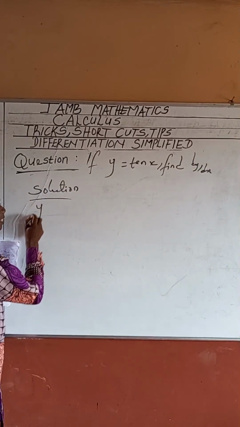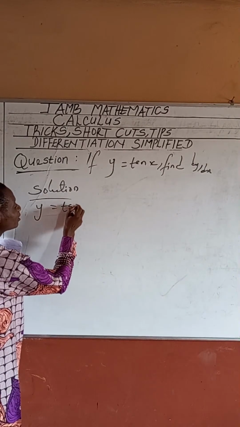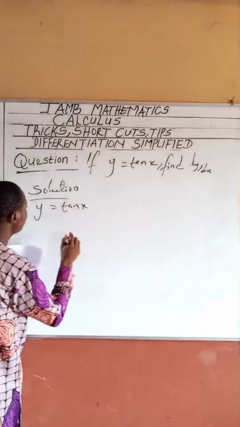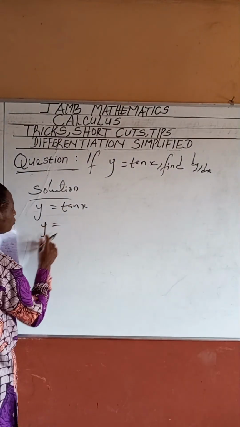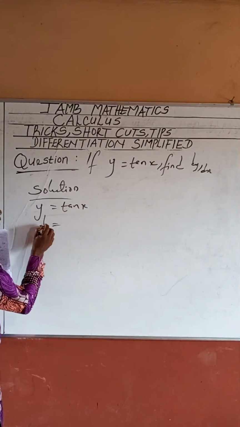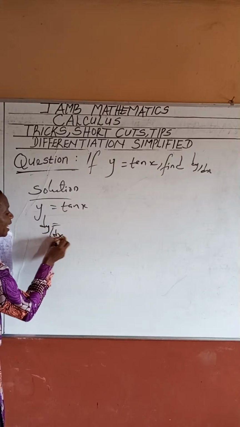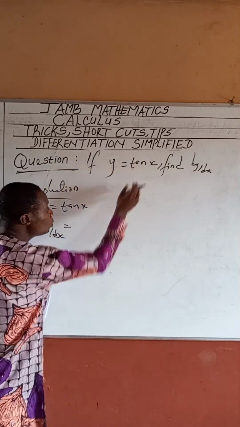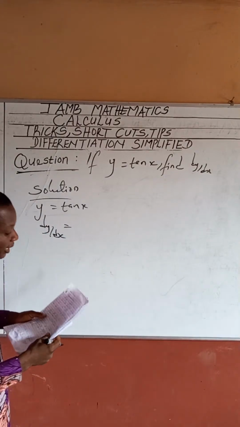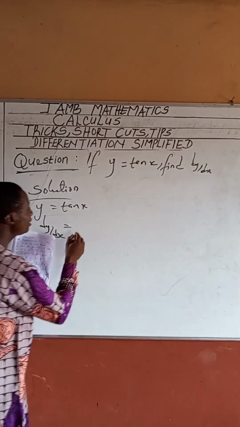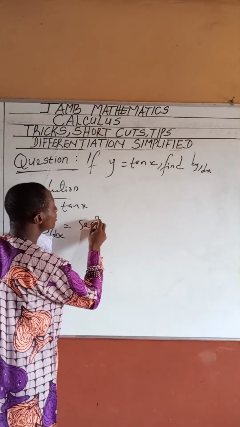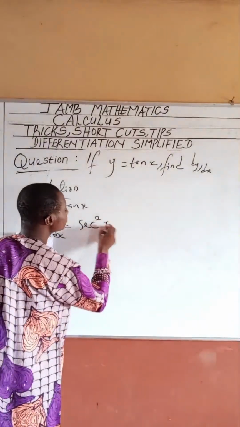Since y equals tan x, I just brought this so we understand that it doesn't take time. dy/dx is equal to, go to the integral table, you will see it there. What is it? It's sec square x.